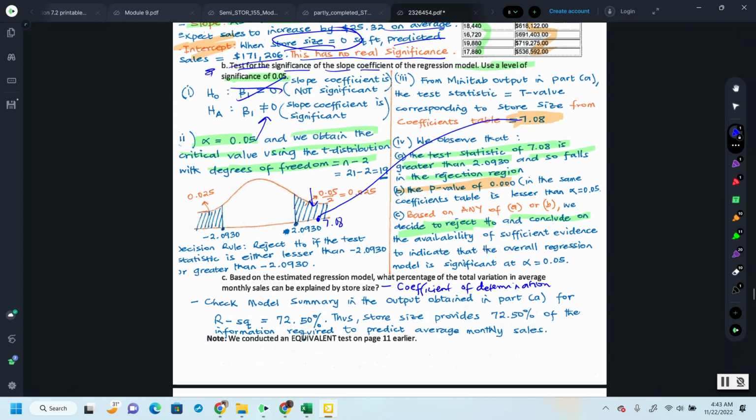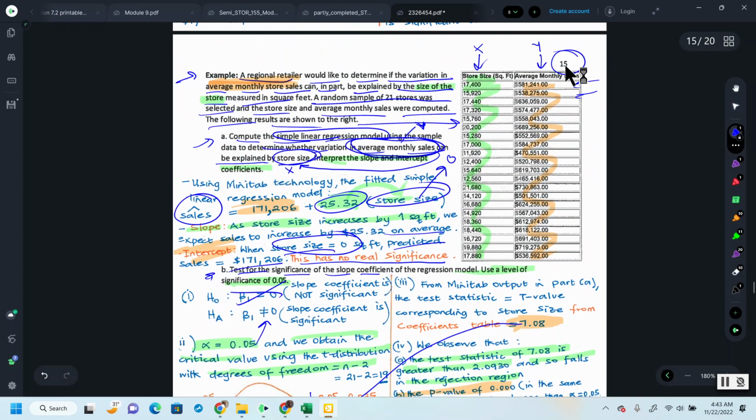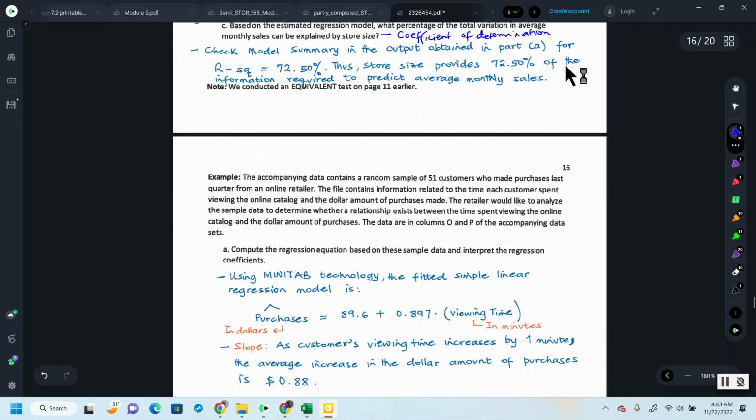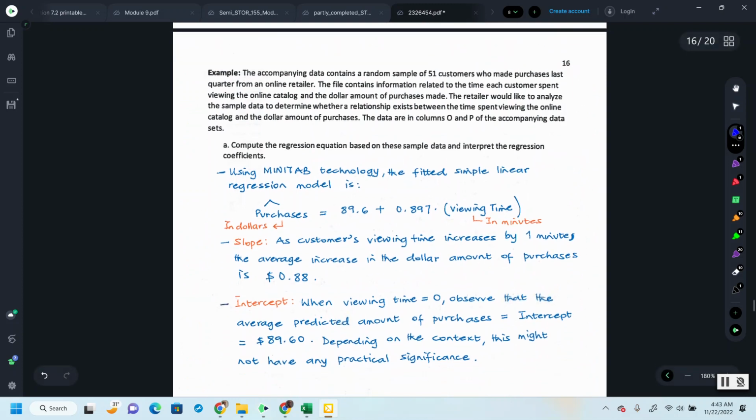So with that, we come to the end of the question on page 15. We proceed to another example on page 16. On page 16, we are told that the accompanying data contains a random sample of 51 customers who made purchases last quarter from an online retailer.